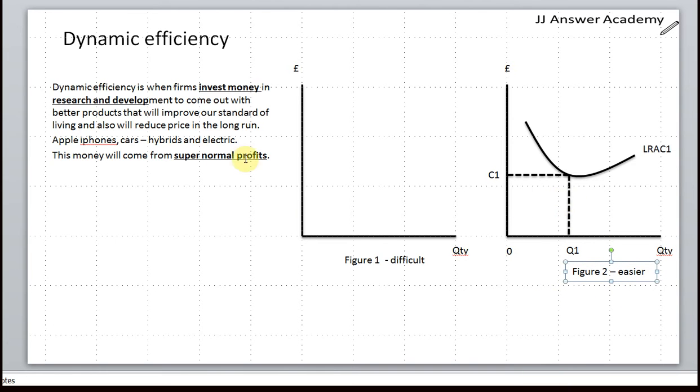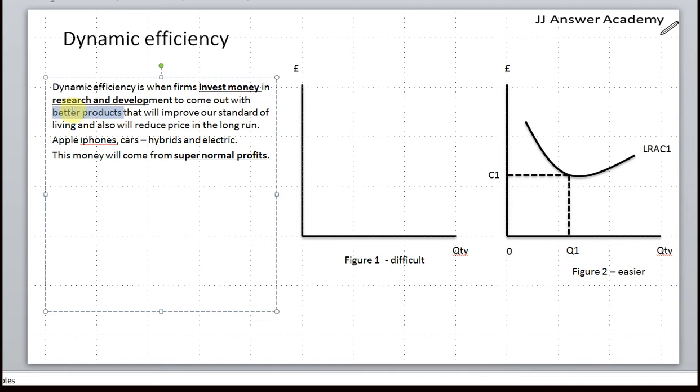What the firm will do with research and development, when they're investing money into it, is go towards more computerization. You're looking at computer-aided manufacturing, computer-aided designing, you're researching and developing in the laboratory, coming out with more medicines, more new products, and you're increasing consumer choice.